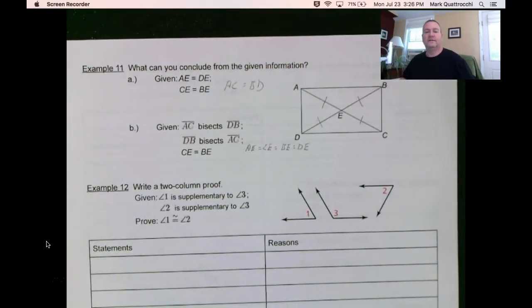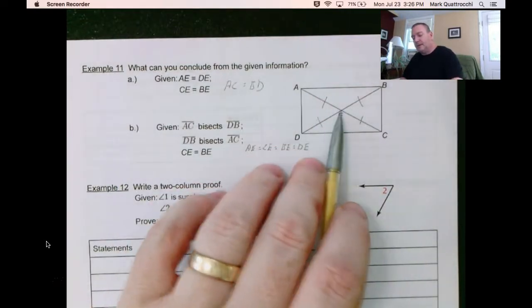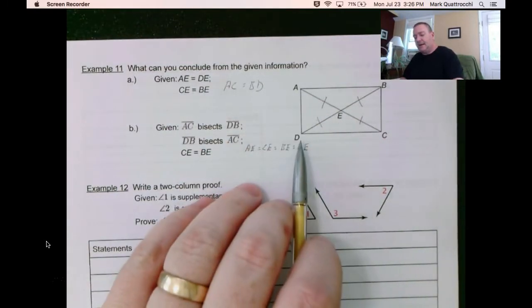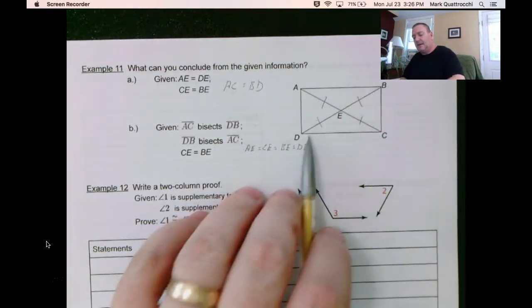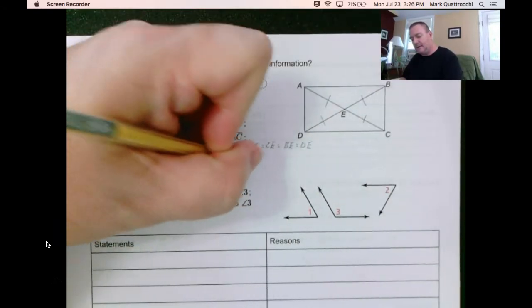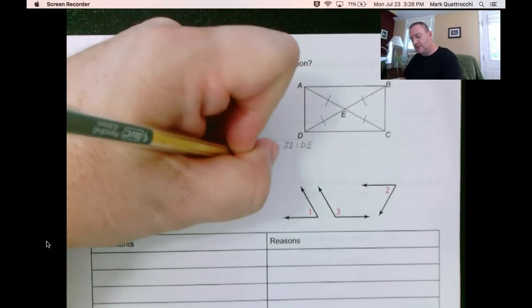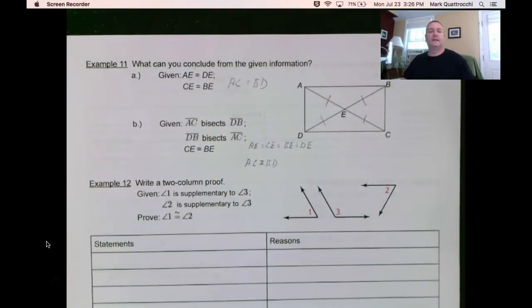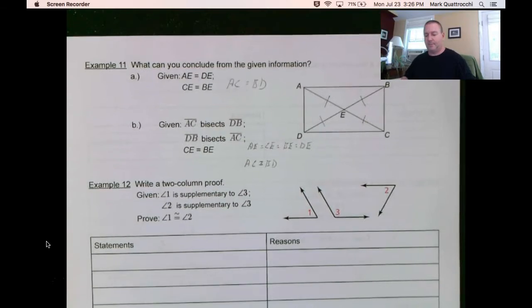All four of these segments are congruent. In fact, I can throw in two more because I can add AE and EC to get AC, and I can add DE to BE and get DB. Just like in part A, AC is equal to BD. And that's example 11, part B.